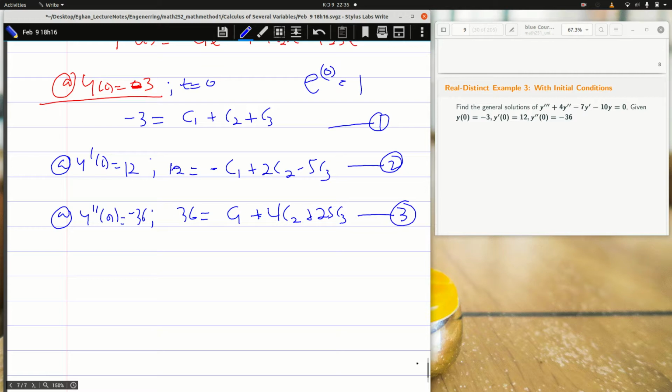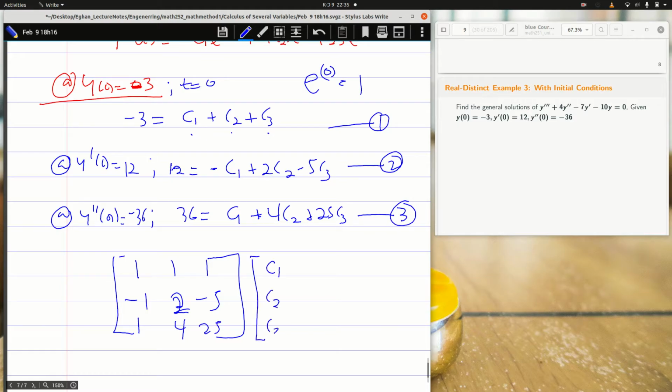If I'm going by the matrix approach, I have to write out the coefficients here: 1, 1, 1, -1, 2, -5, 1, 4, 25. And then the variables C1, C2, C3 are equal to -3, 12, -36.